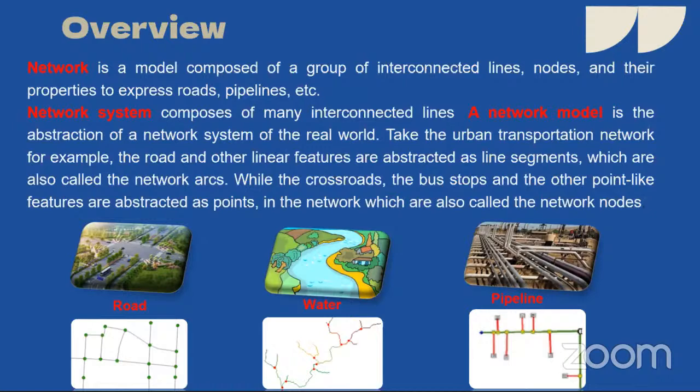In the network model, resource information can be transferred from one node to another along the arc. We can consider the network as being composed of edges or lines that intersect at intersection points or nodes, representing a possible path from one location to another. This is an example of the network model that we have.